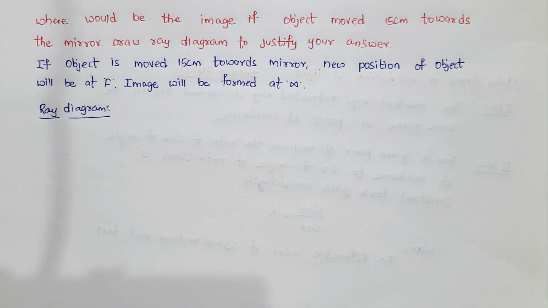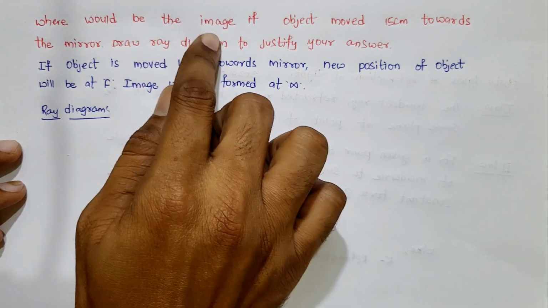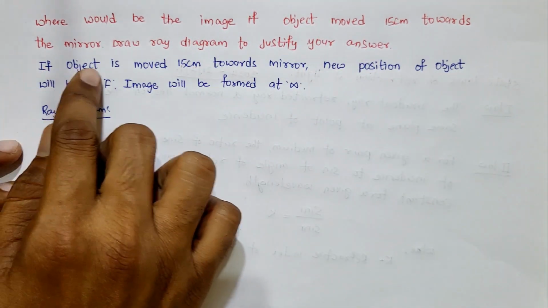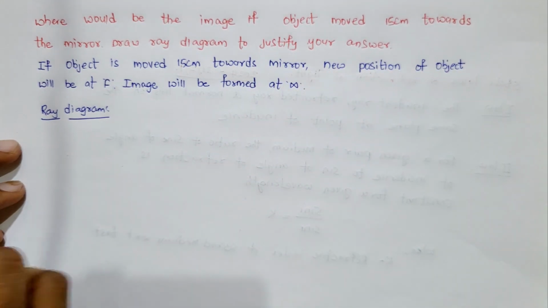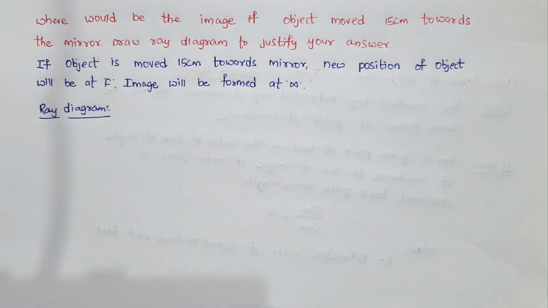Correct? If the object is placed at focus, where will be the image formed? Image will be formed at infinity. So if the object is moved 15 centimeters towards the mirror, new position of object will be focus, image will be formed at infinity. They asked to draw ray diagram to justify this answer.